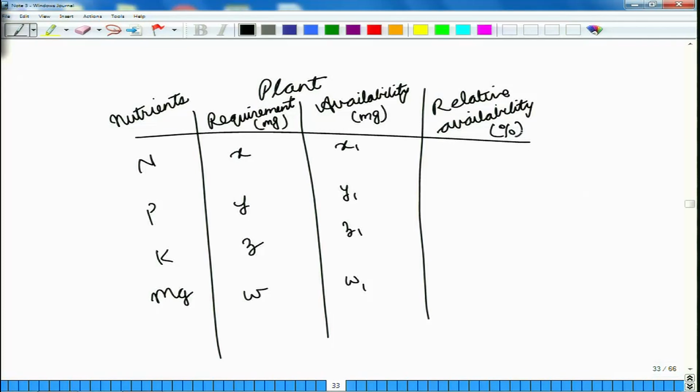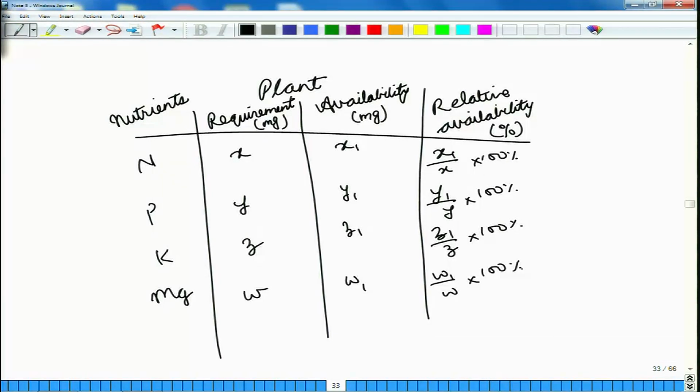in percentage. So, what we are doing here is that in the case of the first one, we are having X1 by X into 100%, here we have Y1 by Y into 100%, Z1 by Z into 100% and W1 by W into 100%.